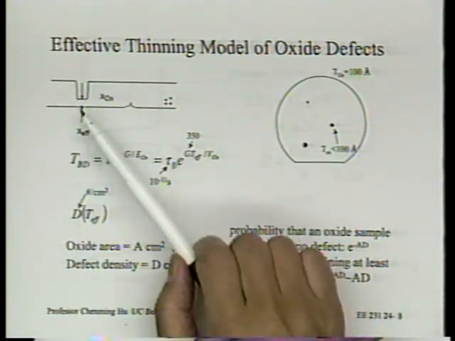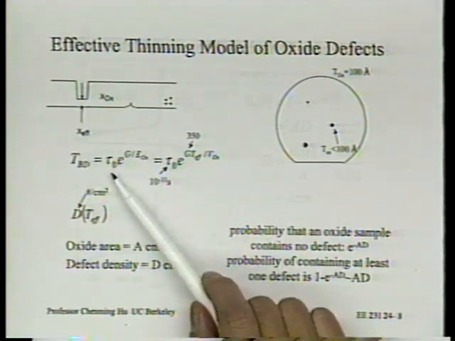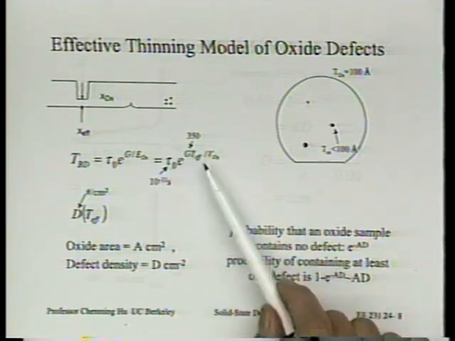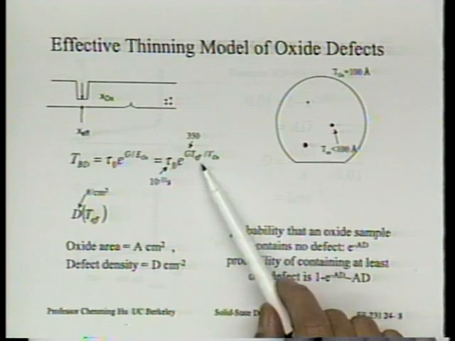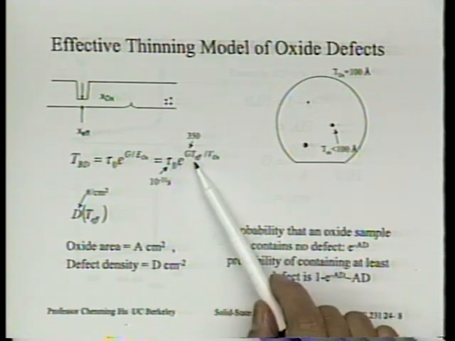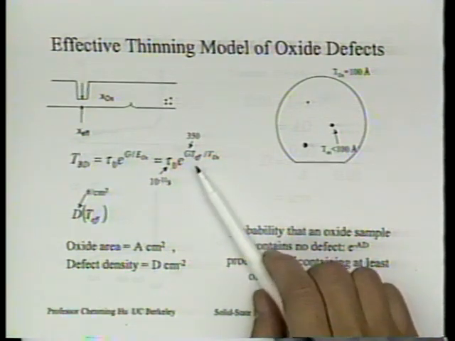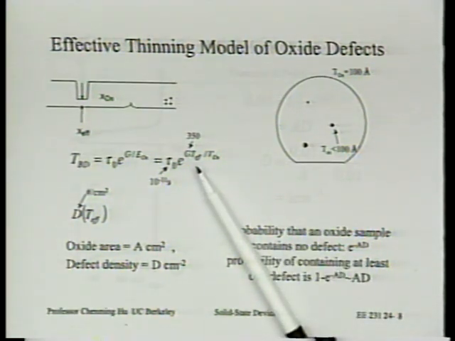If it's thinner, then the breakdown time of that thinner spot will simply be equal to 10 to the minus 11 seconds times exponential 350 divided by the field, right? Field, of course, can be written as voltage over thickness. Is that right? Except this time we emphasize thickness may not be exactly known, may not be fixed.